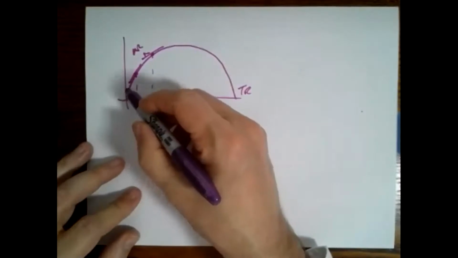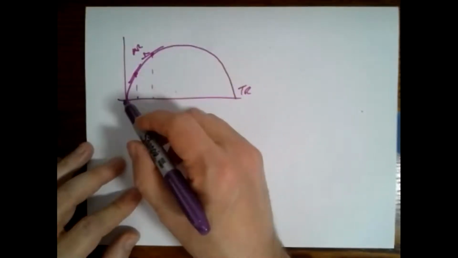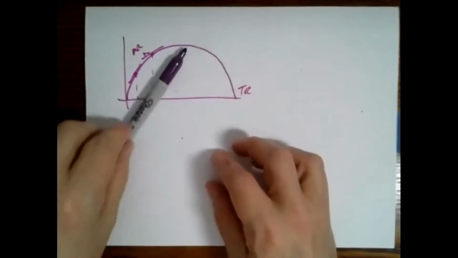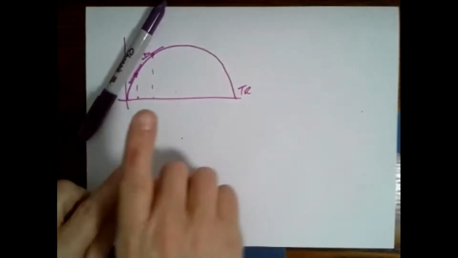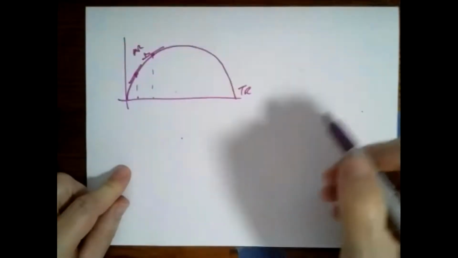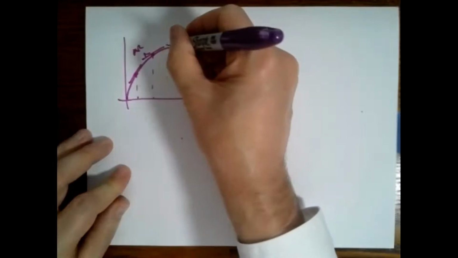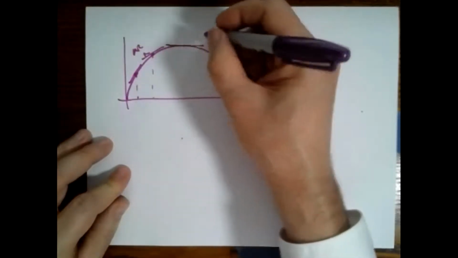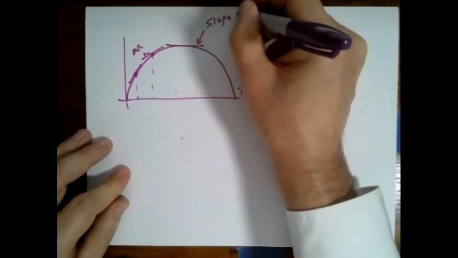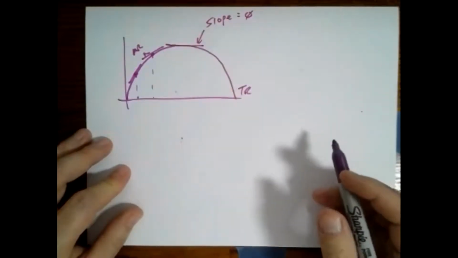And so as we go up the total revenue curve, the slope of the tangents are all positive because they're going up and to the right. When we get to the very top of the curve, the tangent is going to be perfectly flat. In other words, the slope of that point is equal to 0.